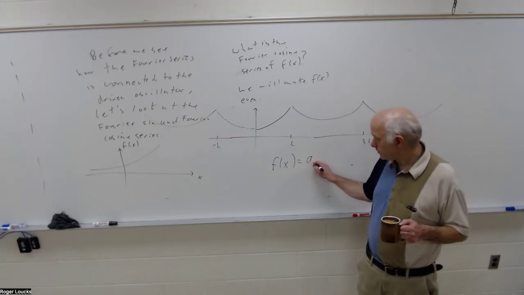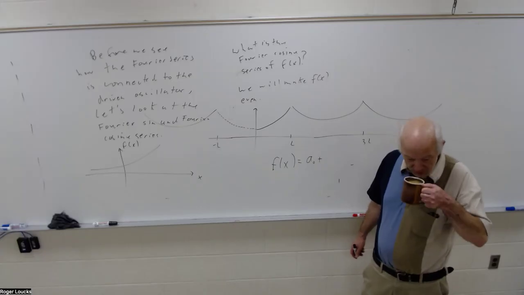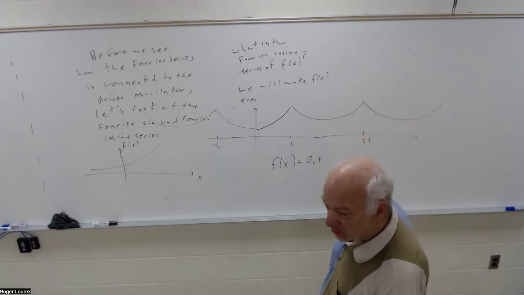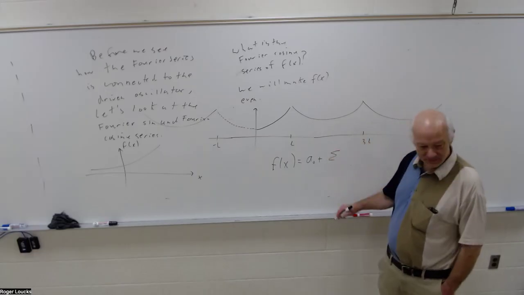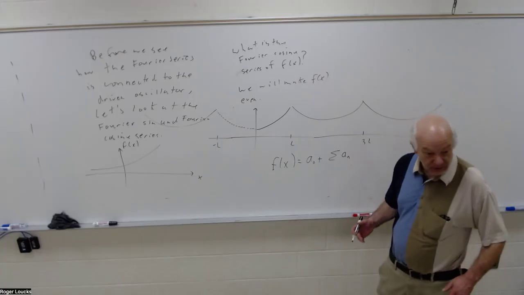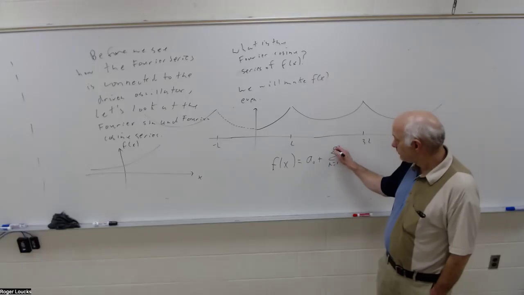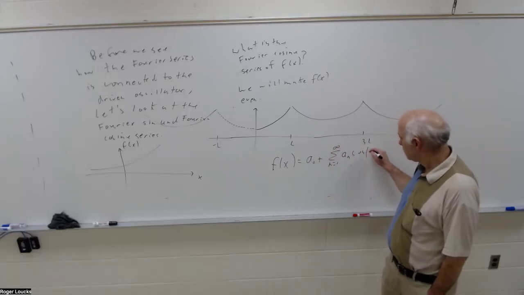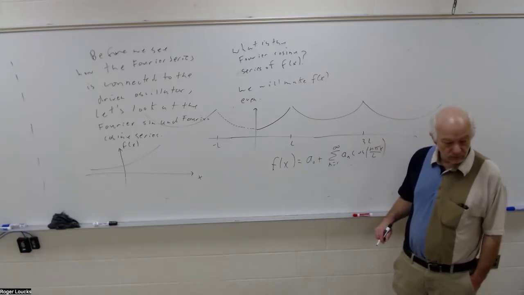That'd be a naught plus the sum from n equals 1 to infinity of a sub n cosine of n pi x over L. The a n's always go with cosine. That makes sense.